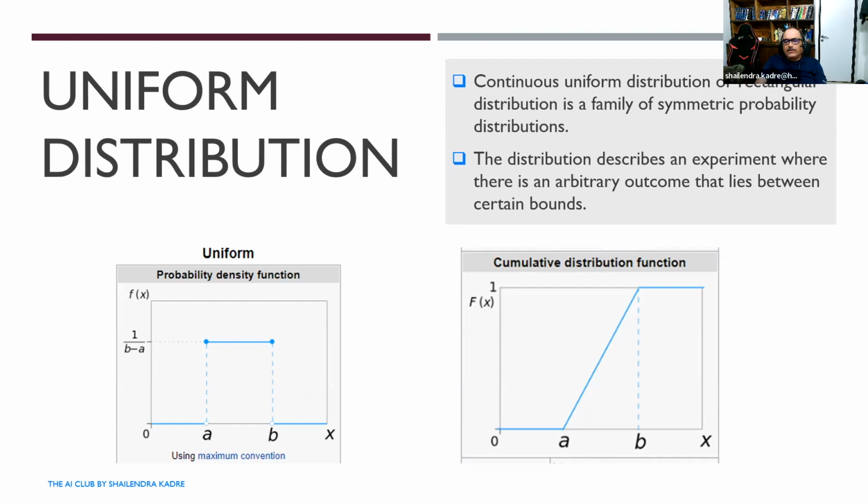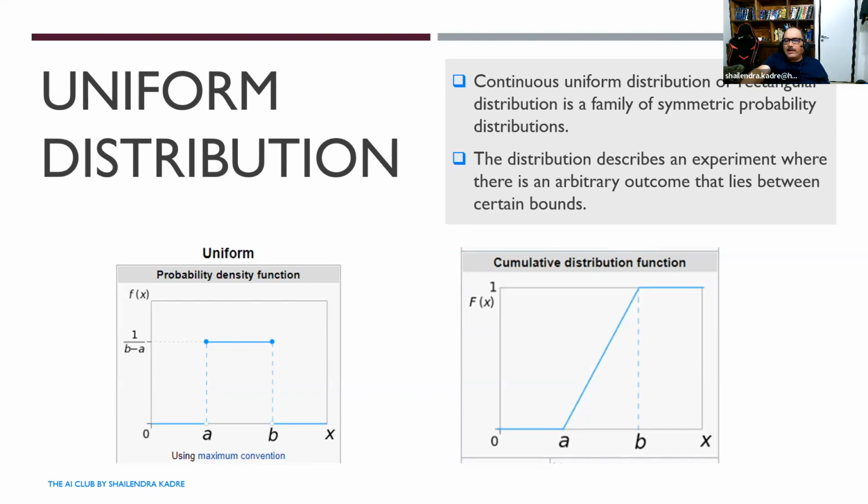Now as I go from A to B, my cumulative probability will go on increasing, or not? If I go on from A to B, the area of the curve which I am covering will go on increasing. Can you imagine that? I'm covering more and more area of this rectangular curve, right? So my cumulative probability function looks like this.